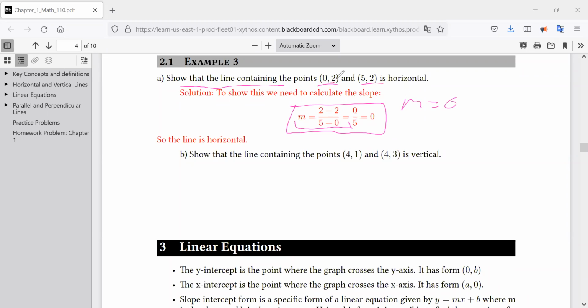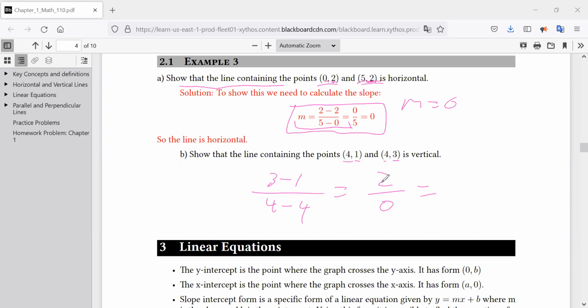Another easy way to see this is we've got two different points that both have the same y value but different x values. If you see that, it's definitely going to be horizontal, and your slope is going to be 0. For this one, if we try to plug this in, we would say this minus this, so 3 minus 1, divided by 4 minus 4, right? That would be 2 divided by 0.